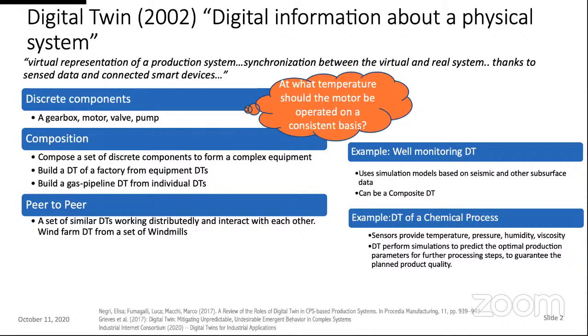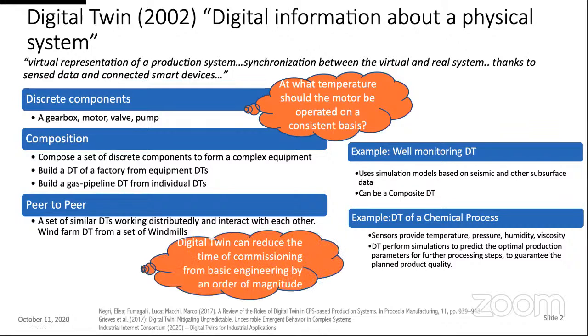Then the simulation results are shown to the operator, or sometimes it is directly controlling the process to fine-tune the parameters. So that way, the digital twin and the actual physical element are coexisting.